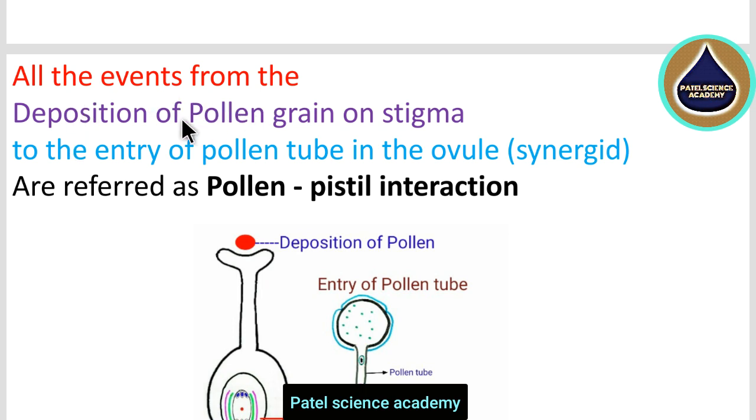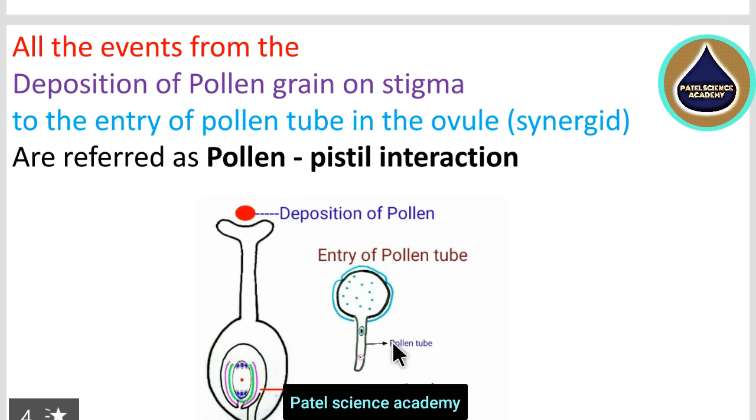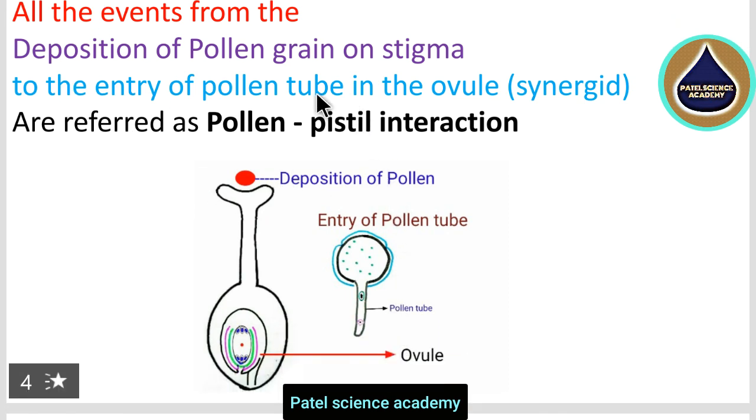All the events from the deposition of the pollen grains on the stigma to the entry of the pollen tube into the ovule by the synergid are referred to as the pollen-pistil interaction. It includes all the events from the deposition of the pollen grain, when pollination starts, on the stigma, and after that the development of the pollen tube.